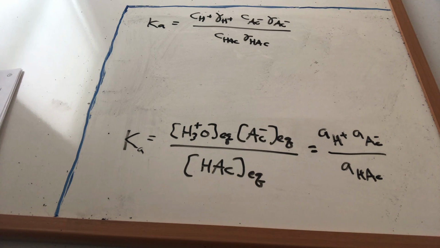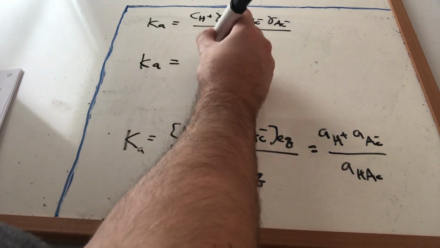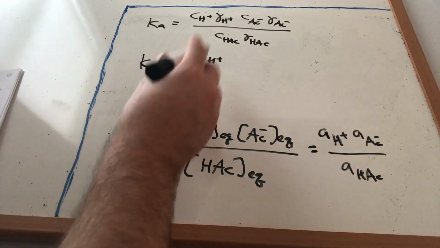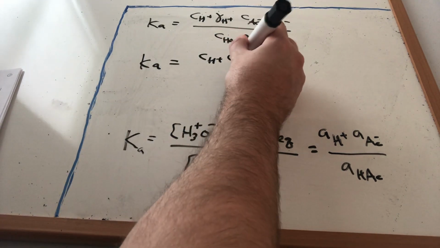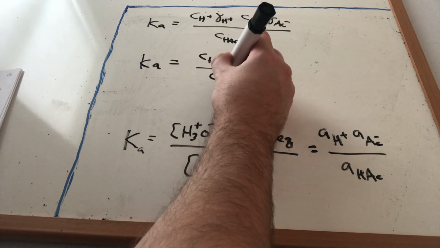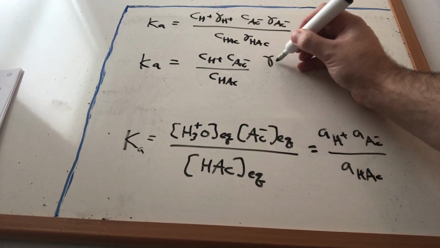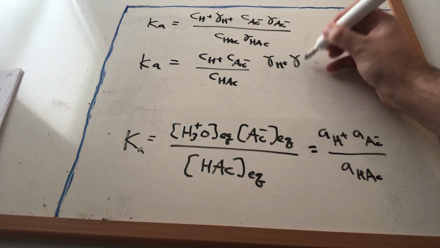Now your book likes to rearrange this at this point and write this as the concentration of H plus, which I know from my ice table, concentration of AC minus, I know that from my ice table, concentration of HAC, I know that from my ice table. And then group your gammas over here. You don't have to do this, but it is a nice little organizational step.